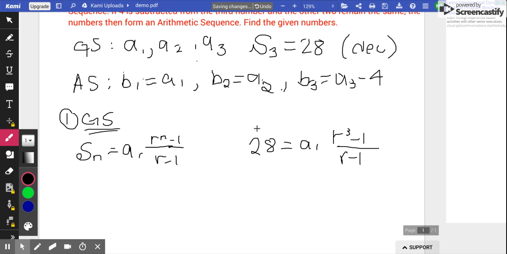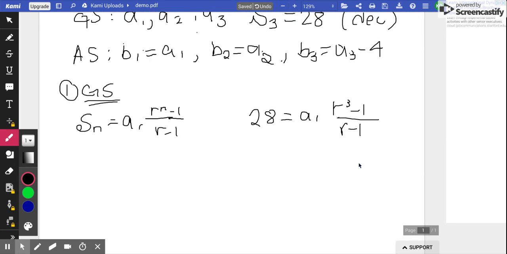Now looking at this here, I would like to have a little bit of a simpler version of that. The powers of 3 are usually a little bit annoying, but thankfully we have a formula that tells us that r to the power of 3 minus 1 is actually r minus 1 in brackets times r squared plus r plus 1. So what I'm going to do now is expand this and cancel it out with the denominator so that we're just left with the power of 2 instead.